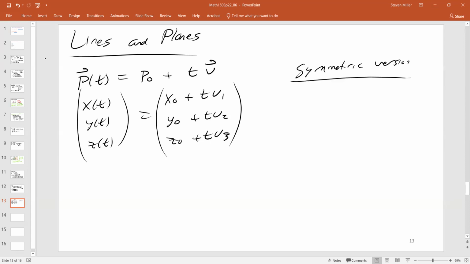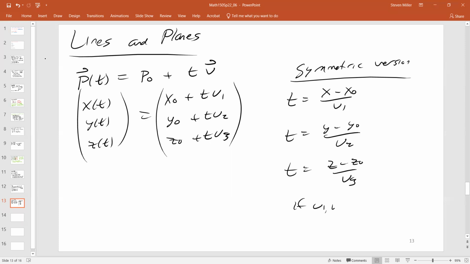For the symmetric version, we can solve for t in the first one, and we get t is x minus x naught over v1, t is y minus y naught over v2, t is z minus z naught over v3, if v1, v2, v3 are not zero.